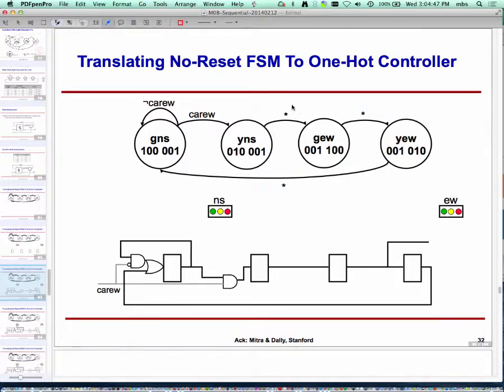It's basically saying that if I am in YNS, which means that I had a 1 out here, then in the next clock tick, I start out with 0 here, 1 here, 0 here, 0 here. I'm in the YNS state. Next clock tick, I want that 1 to move to the next flip-flop, and I want all the other flip-flops to become 0, right? I need to move to the state GEW, which is 0, 0, 1, 0.